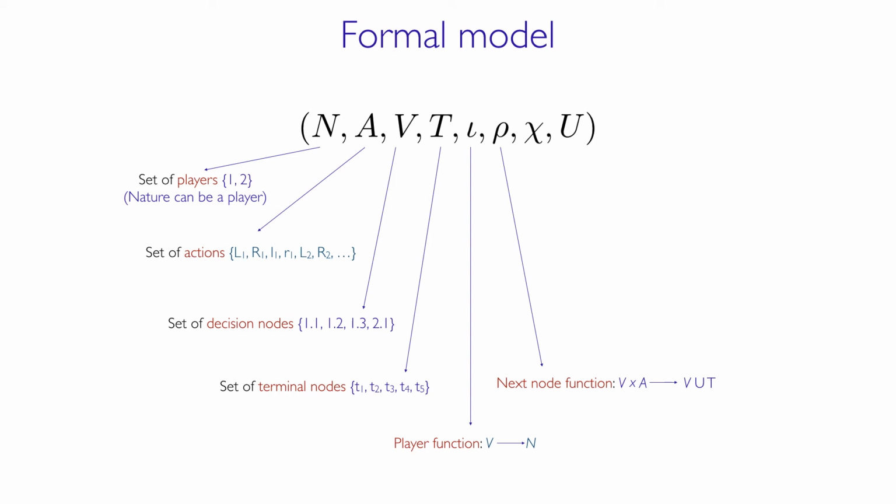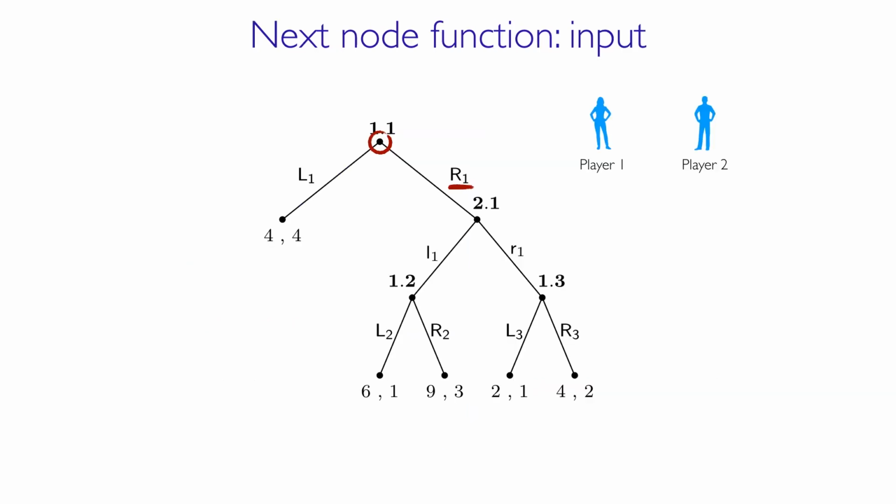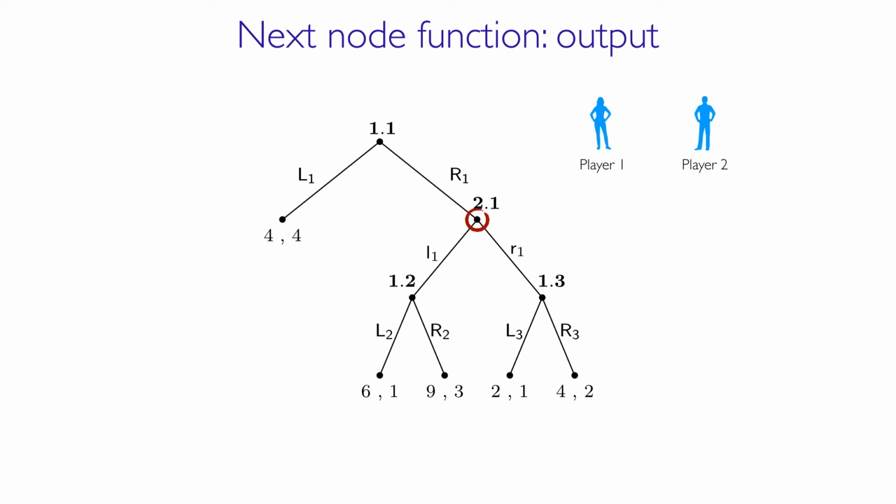Rho is the next node function, that is, the function that, given a decision node and an action played at that decision node, returns a decision or terminal node. For instance, in the picture, given 1.1 and action uppercase R1, the next node is 2.1.